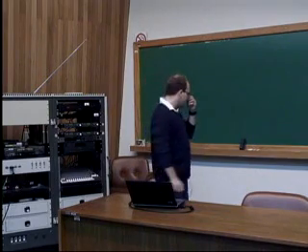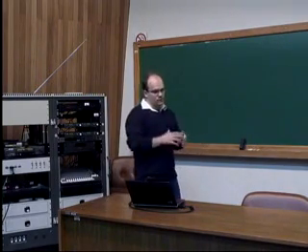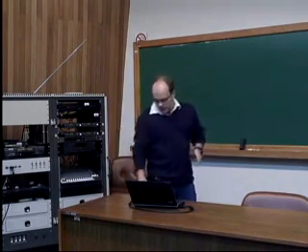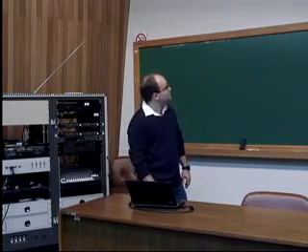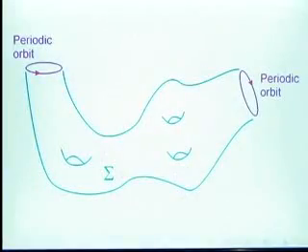So we're going to be interested in constructing global surfaces of section for the flow. What is that? A global surface of section for the flow is a surface embedded inside your manifold, inside your three-dimensional energy level, let's say. The boundary are periodic orbits.